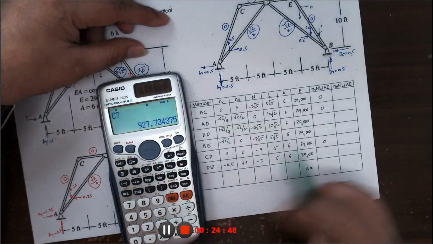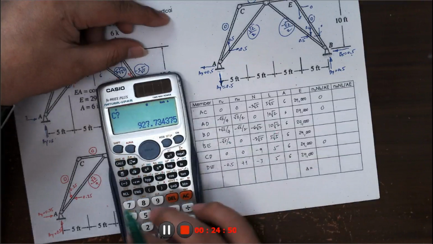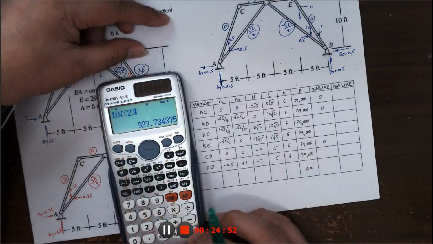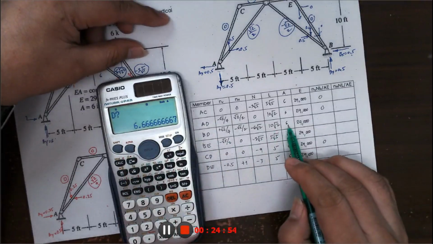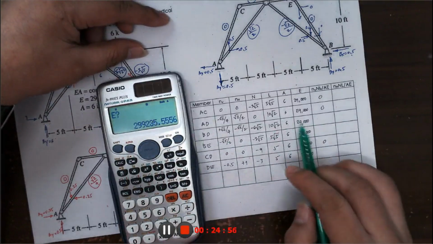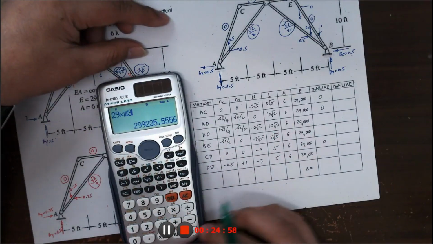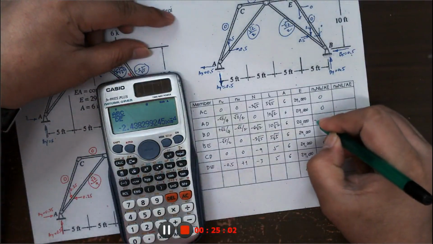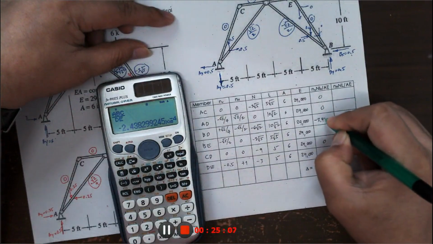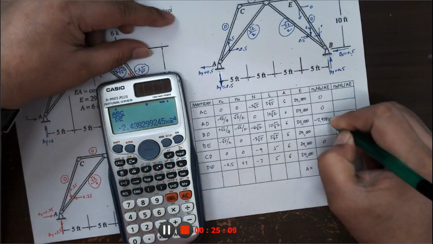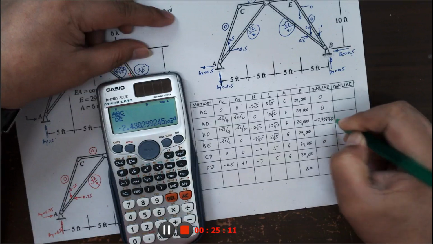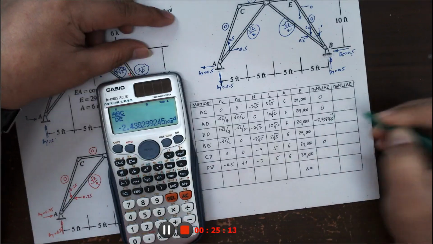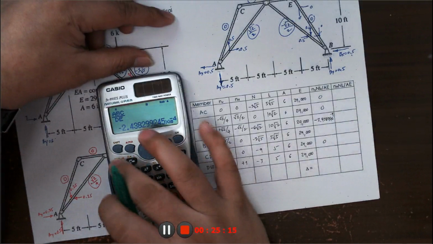Kini, no? C, 10 square root of 2. D, 6. E, 29,000. Oh, nisa negative 2.4383 times 10 to the negative 4.